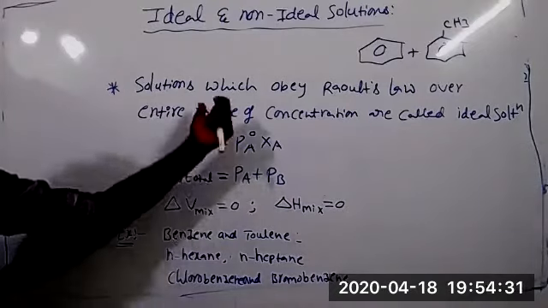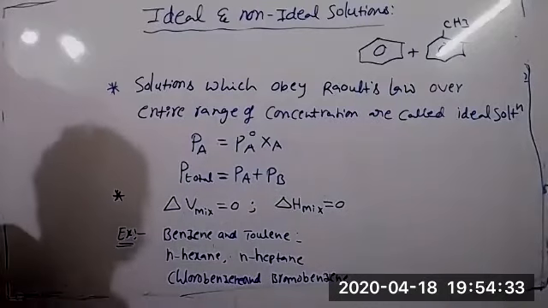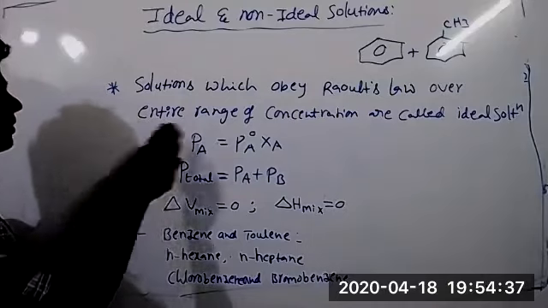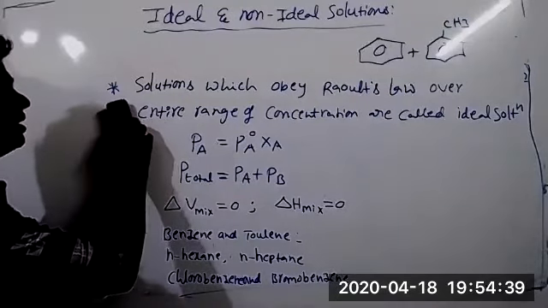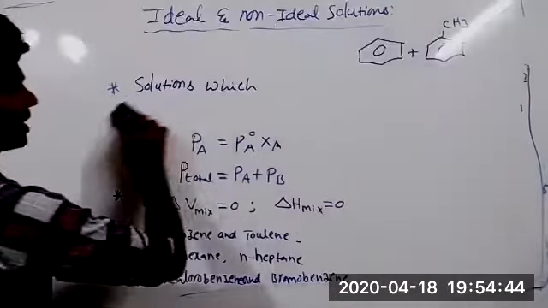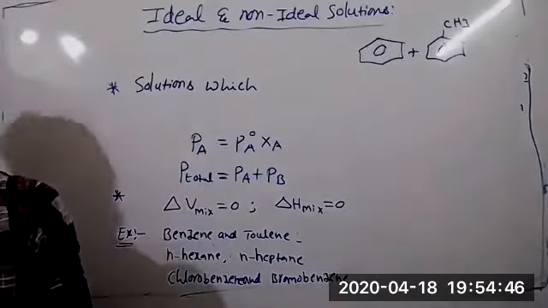Complete at this point. For ideal solution definition. Now write non-ideal solution definition. Solutions which do not obey Raoult's law are called non-ideal solutions.